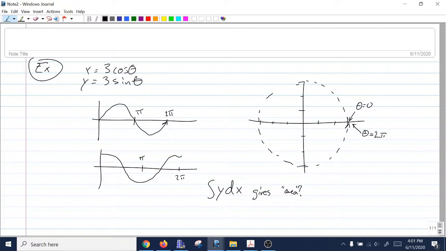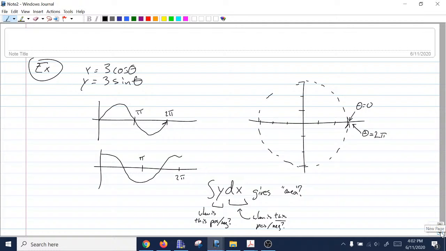The key pieces are, when is y positive, and when is dx, meaning dx dt, positive and negative? So let's try thinking about that.